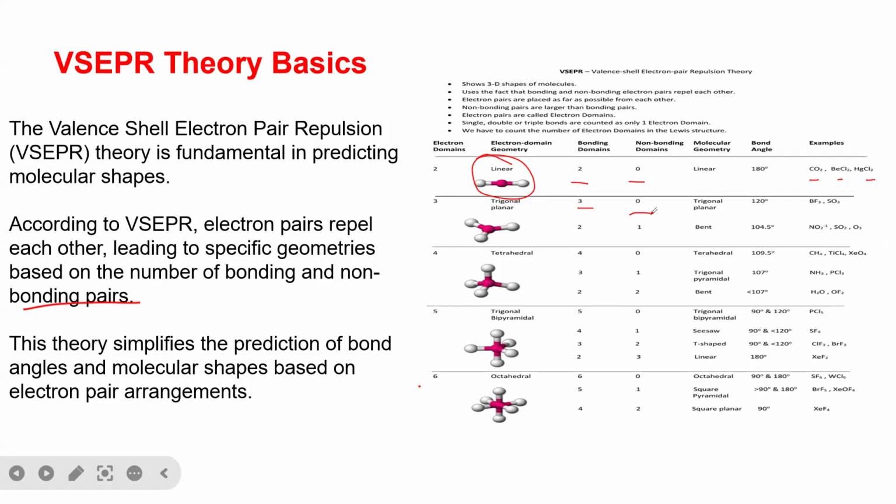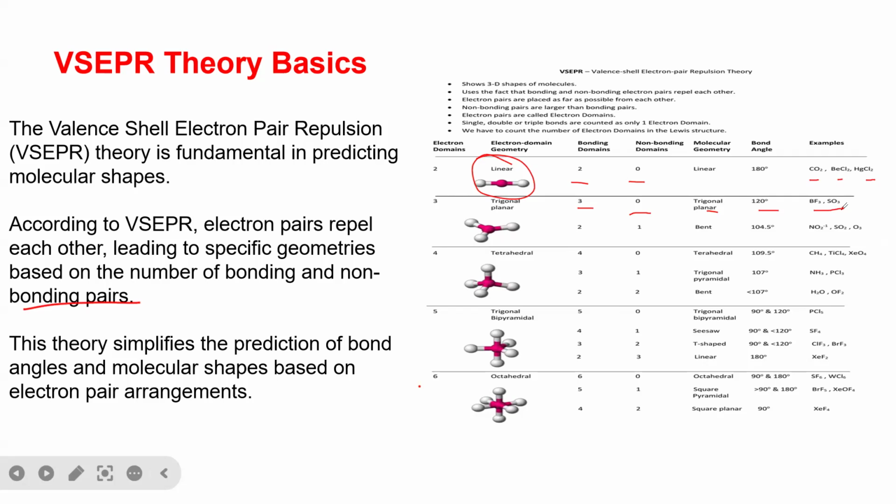It is trigonal planar, and the bond angle is 120 degrees. Examples of molecules that have trigonal planar shape are boron fluoride and sulfur trioxide.